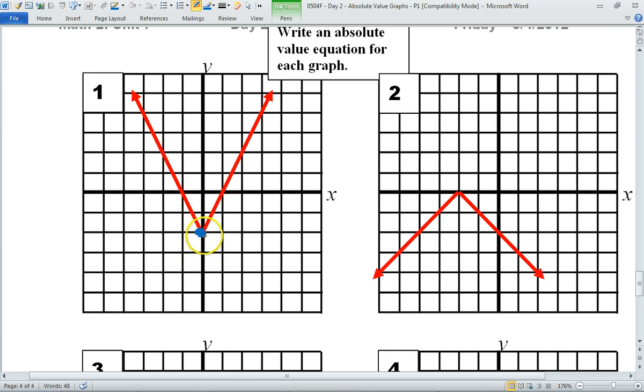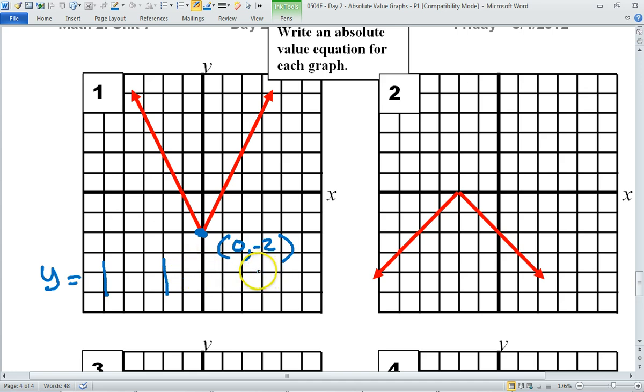Looking at the vertex here, Mr. Jones, can you tell me what the vertex of this is? Yeah, that's 0, comma -2. Now, what does that mean in terms of an equation? What's going to be on the inside of the equation then? Well, I'll get the slope later.